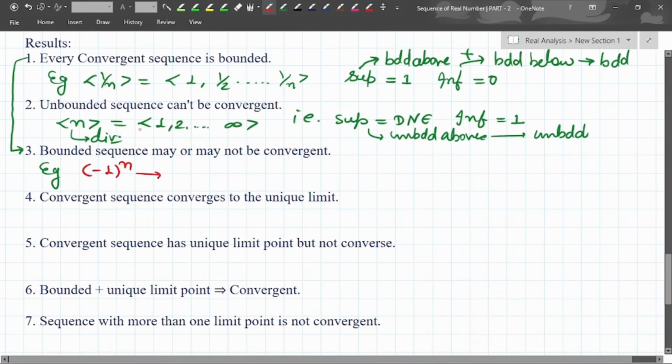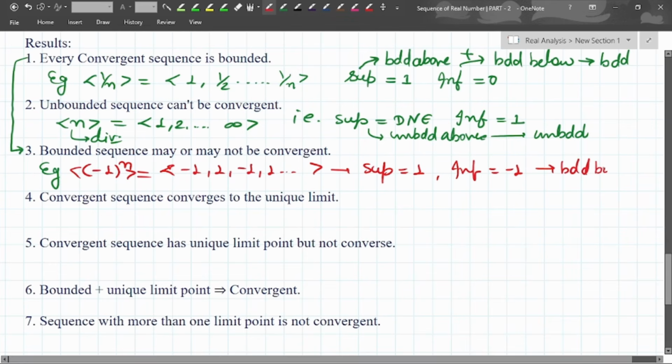If I write this out, it is minus 1, 1, minus 1, 1. It is bounded: the supremum is 1 and the infimum is minus 1. It is bounded, but not convergent.